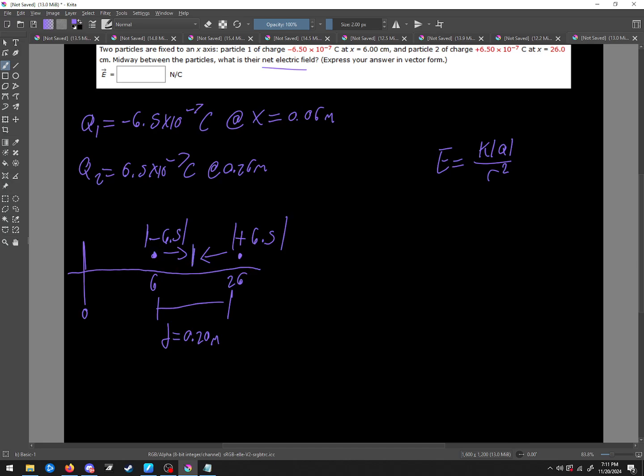So we're asked, what's E right there? So half of this, 0.1 meter. So that's this distance right there.